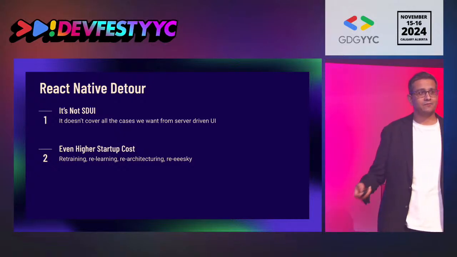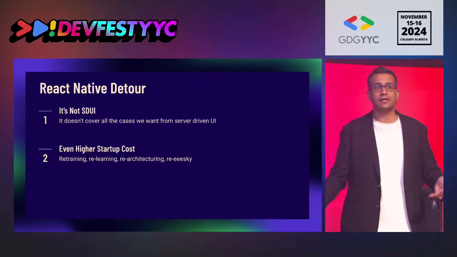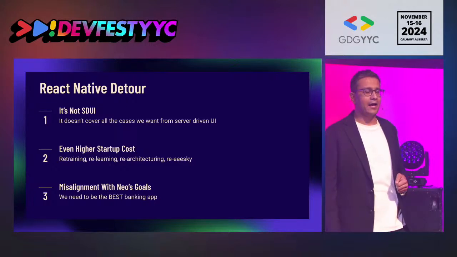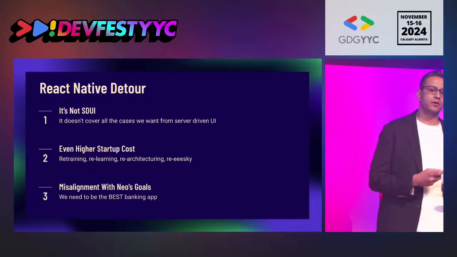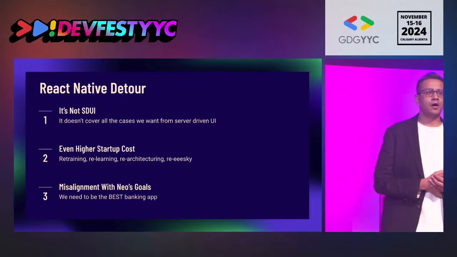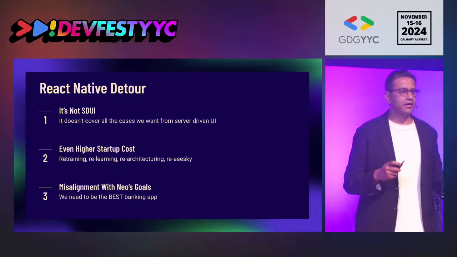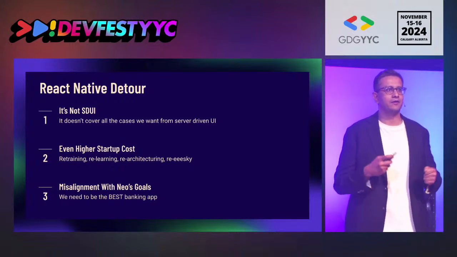So, whenever you're sliding that company into a direction that's that different, it creates a lot of risk, right? And maybe that's not worth it. And React Native is inherently misaligned with Neo's goals. We want the Neo app to be the best banking app you've ever used. And React Native kind of comes with some baggage. There's always a little bit of jank in the views.